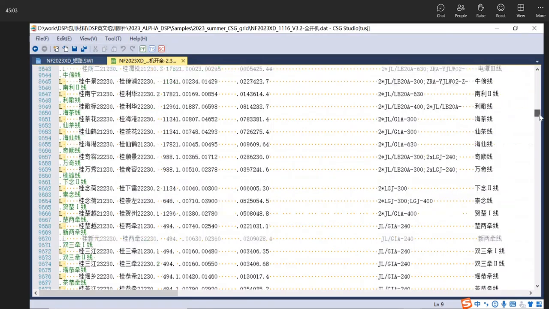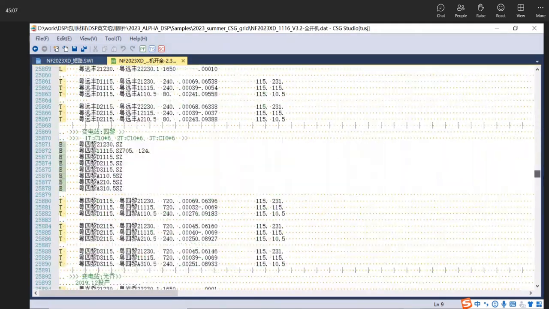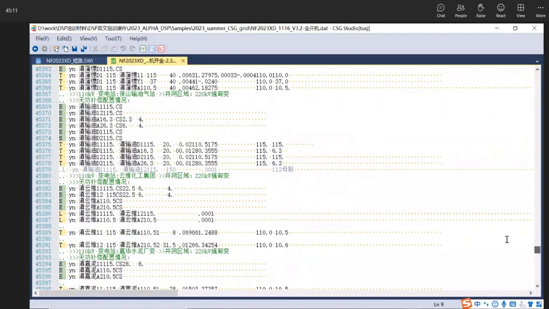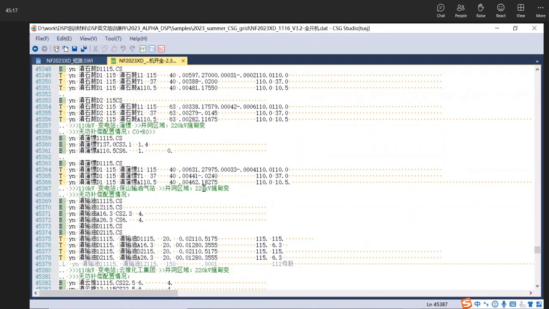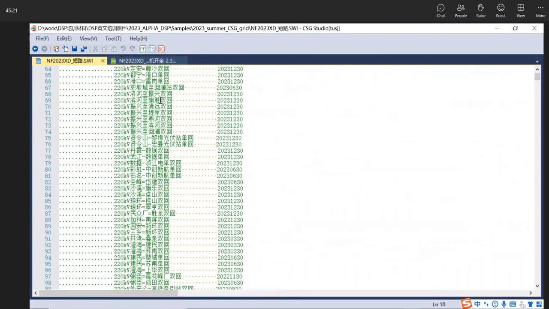It contains all the information about China Southern Grid. Because it's a company secret, I can't send it to you as a sample. So I just calculate and show you how it works.